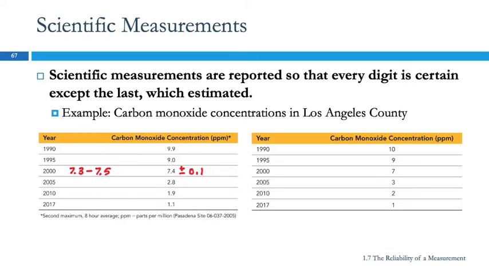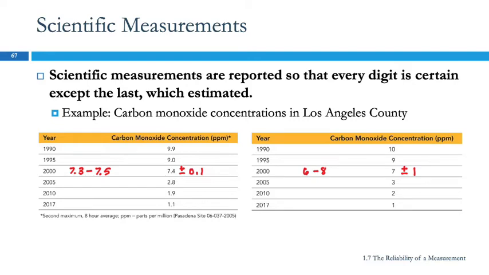Over here, the uncertain digit is the only digit which is in the ones place, and so the uncertainty there is plus or minus 1, which tells me by looking at it that this is between, the smaller one goes first, between 6 and 8. That's a much bigger spread, right? And I can tell that just by looking at the measurement.